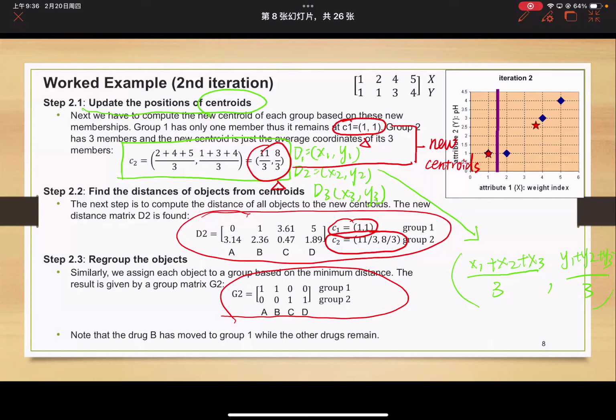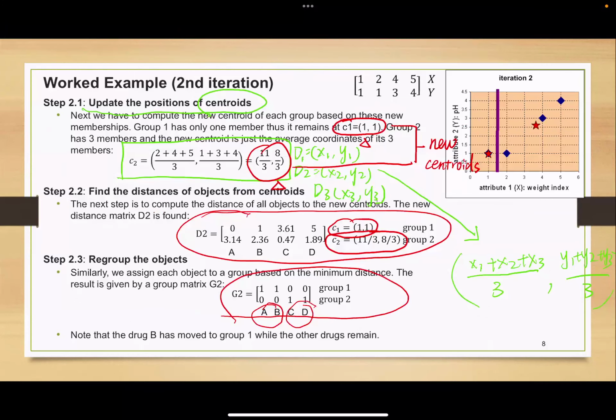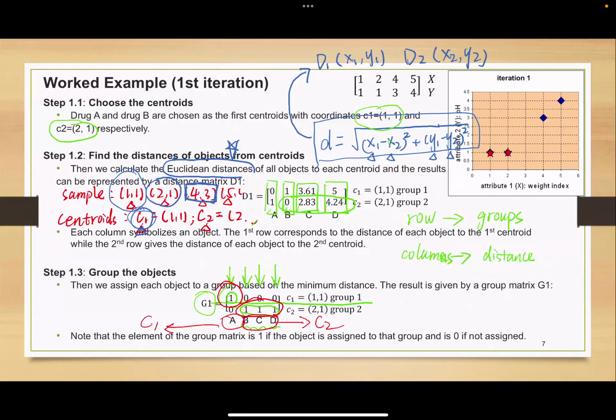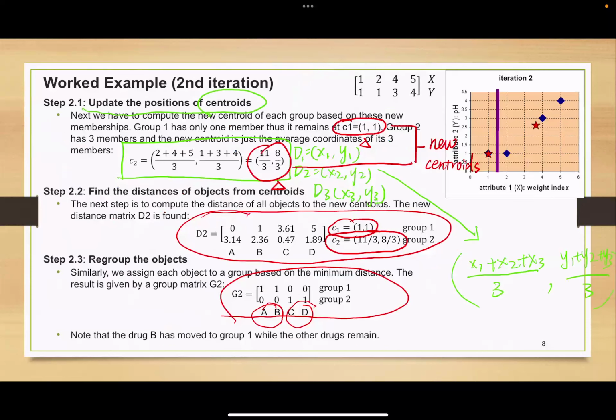And then we find that A and B belong to group 1, C and D belong to group 2. So we find the difference with the first iteration, where only the data point A belonged to group 1 and B, C, D belonged to group 2. So we can observe a move of data points to different groups.